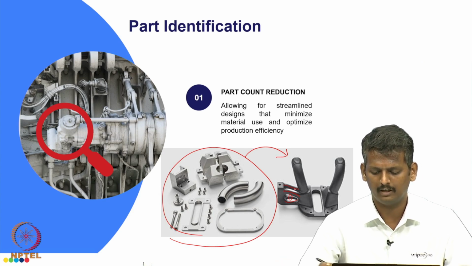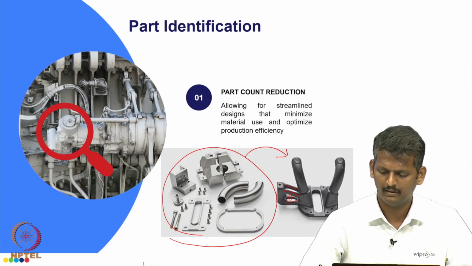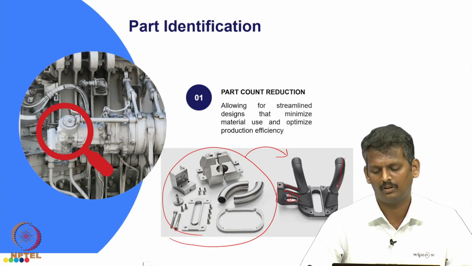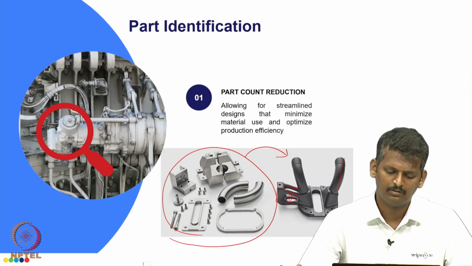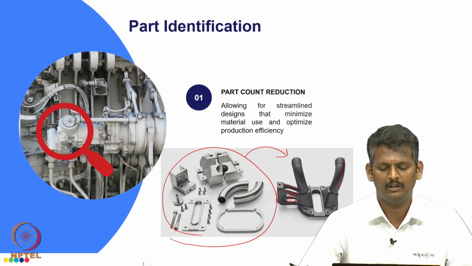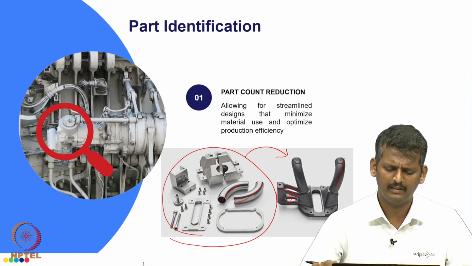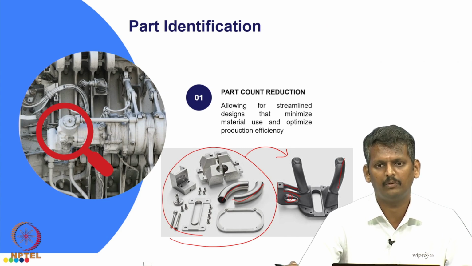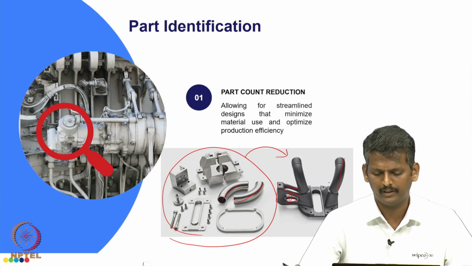The reason is there will be an undercut, and even in this place there might be some undercuts, and there is a hollow section inside it which is not feasible to be manufactured in a conventional machining setup. So that is why people go for multiple components like this and then assemble them together, and the task is completed. But taking the design freedom of additive manufacturing, now we are trying to bring it together.